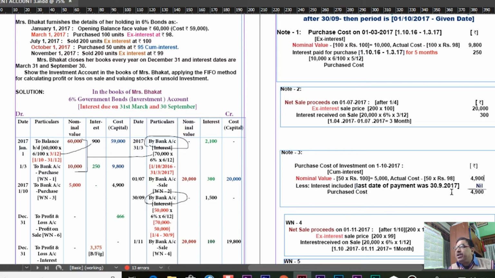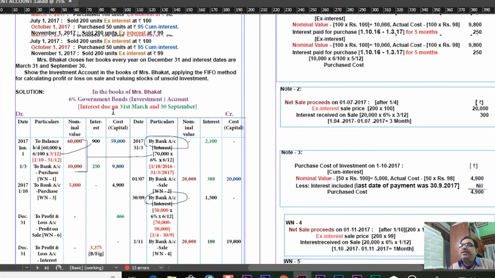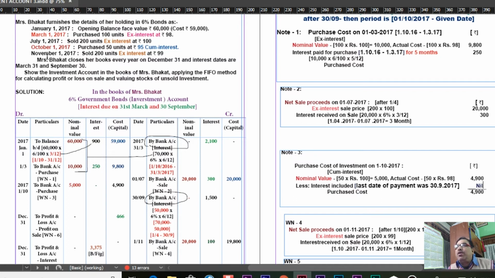The last date of payment was 30/9/2017, and the same date is also given: 30/9/2017, that is October 2017. Therefore, there will be no interest actually, that is interest nil, and therefore 4,900 is to be put under cost or capital. The next item is on November 1, 2017, sold 200 units.